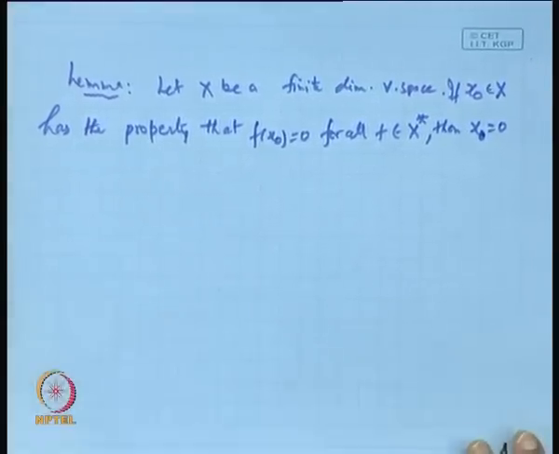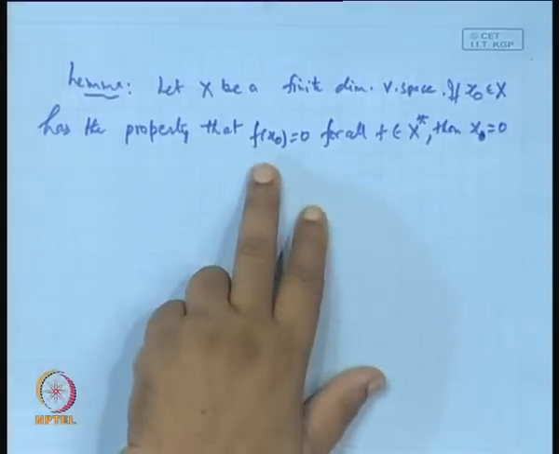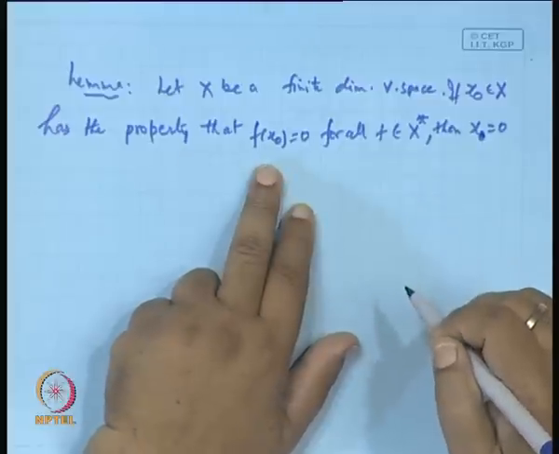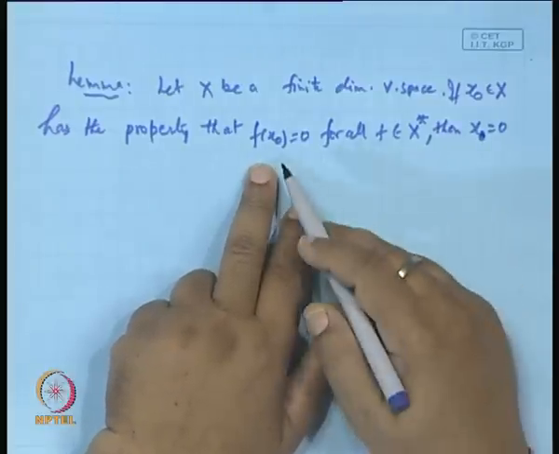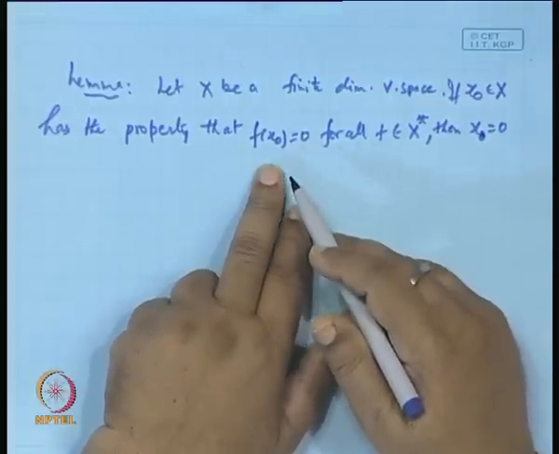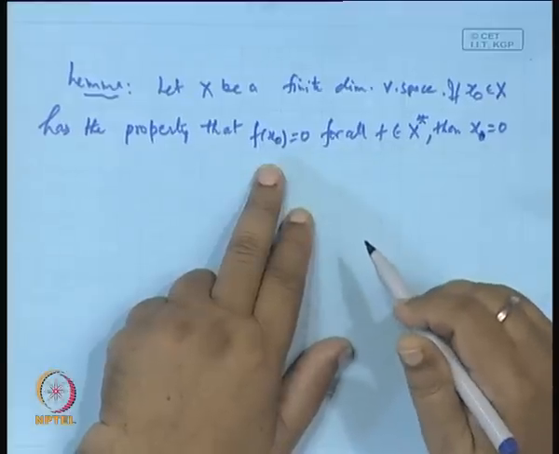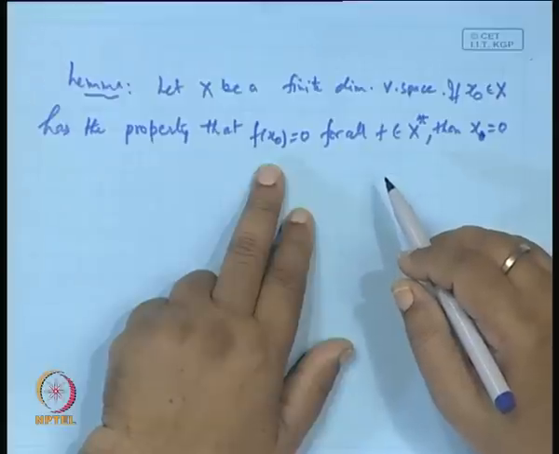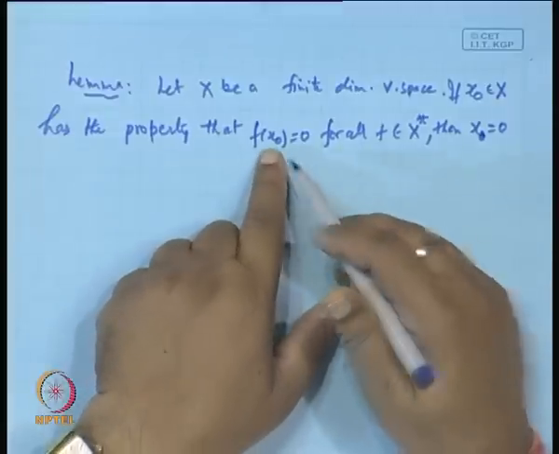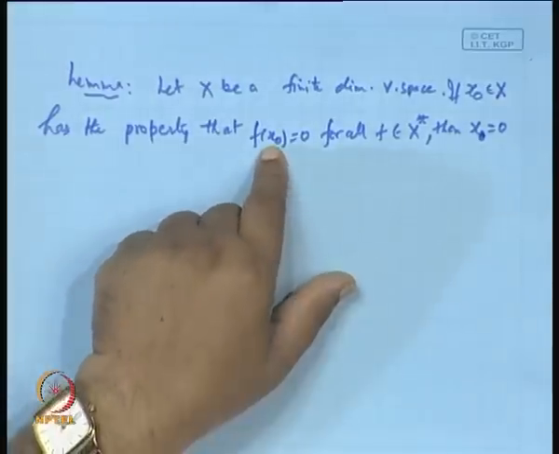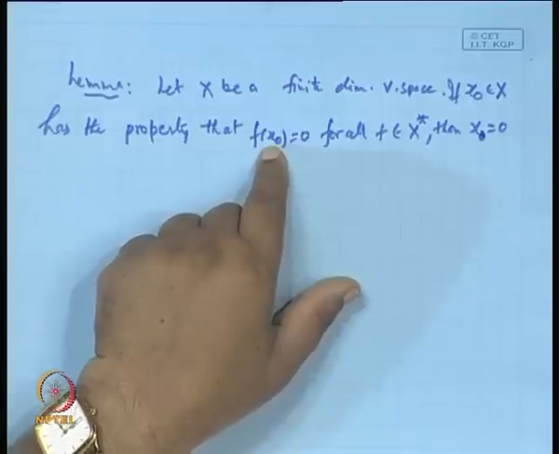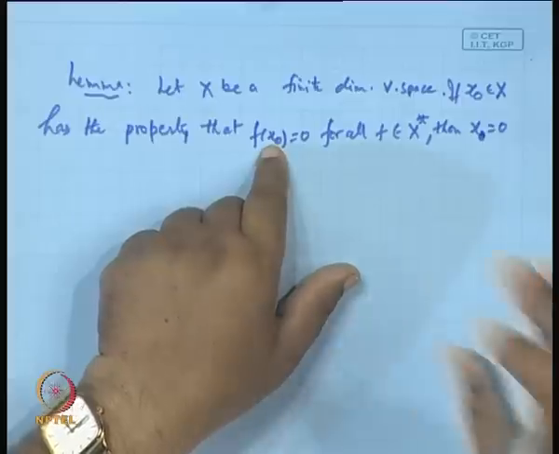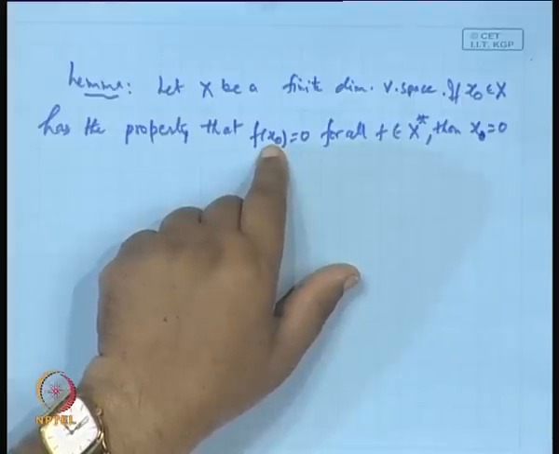So what is this property? Suppose X is a finite dimensional vector space and x naught is an arbitrary point in it. If the image of this point under f is 0 for all linear functionals defined on X, then this is only possible when the point x naught is 0. It means there is no non-zero point whose image will always be 0 for all linear functionals.